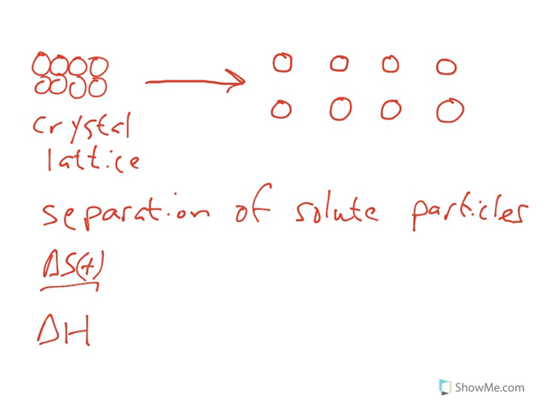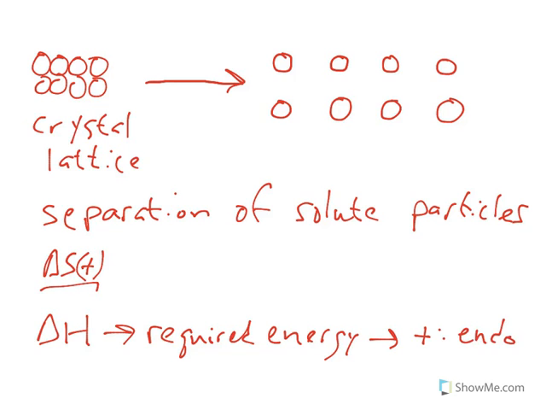Those charges are glued together. Now all of a sudden you've pulled them apart and you have these charges that have developed, a plus and a minus, a plus and a minus. So that required energy. And when we have to put energy into a system, that's a positive sign. So we are endo. This is endothermic.